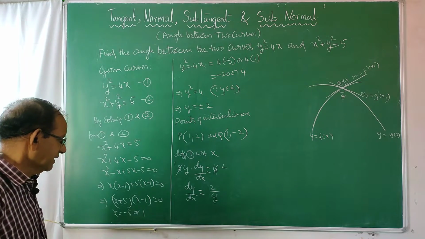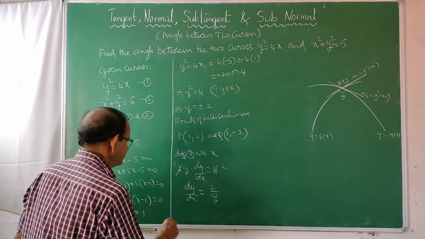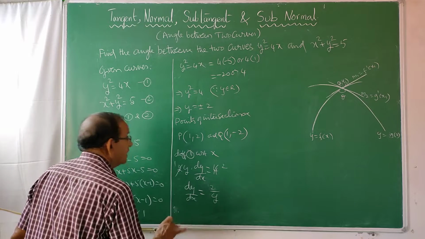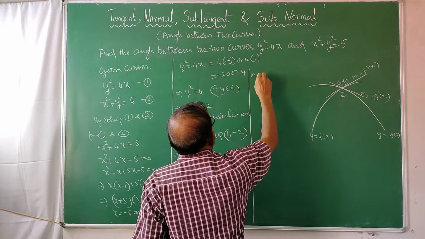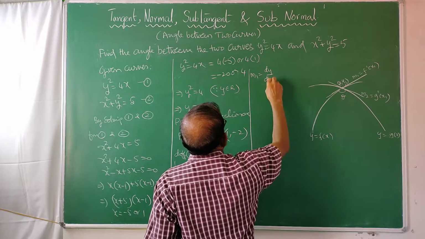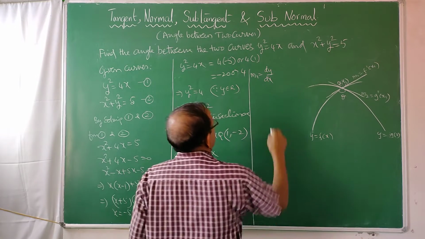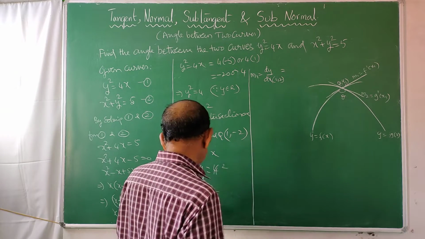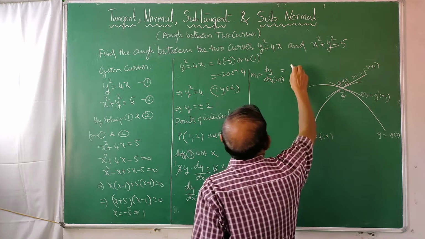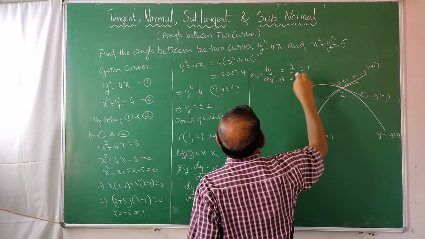Now let us take m1 as dy by dx at the point 1 comma 2. Substitute y equal to 2 in this: 2 by 2, that is 1.